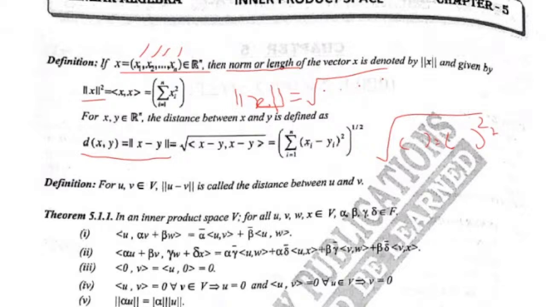Then for u, v in vector space V, norm of u minus v is called the distance between u and v.